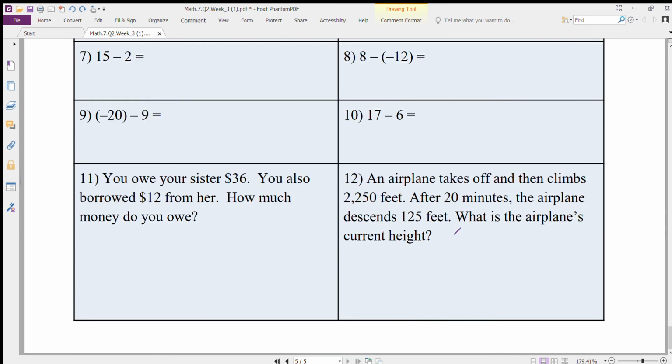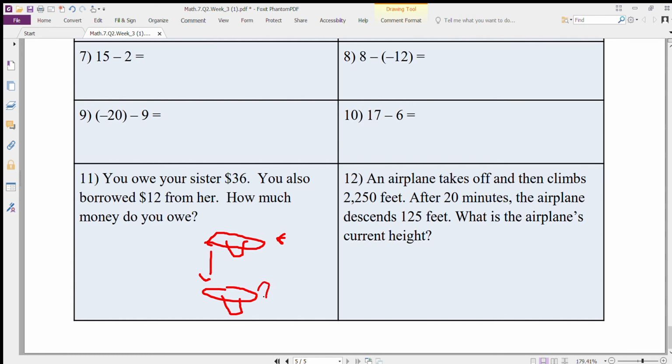For 12, suppose the airplane is right here, right? That's the airplane. This is 250 feet. And then it went down 125 feet. What is the location of the plane right now?